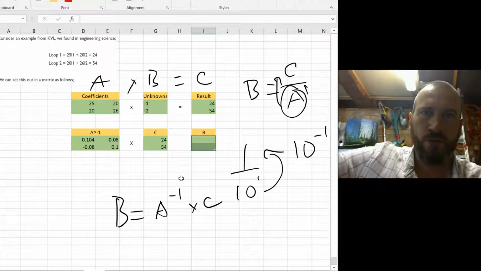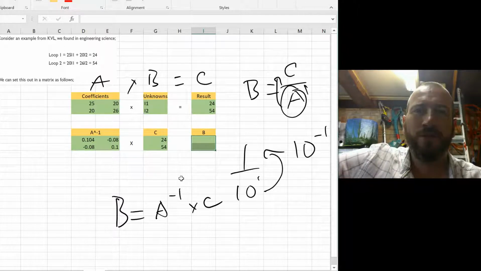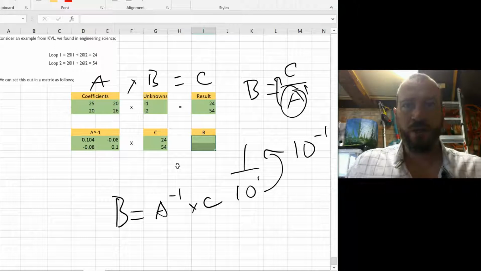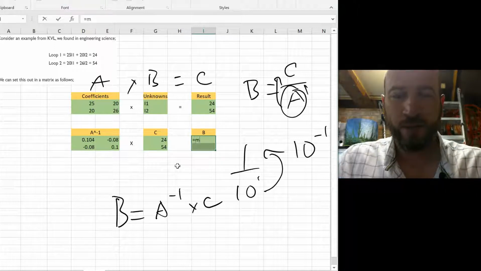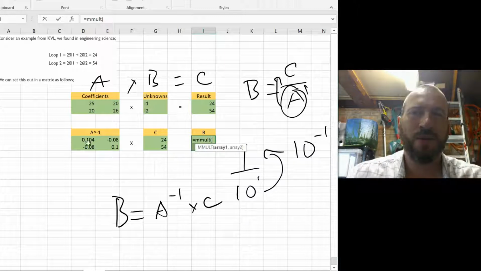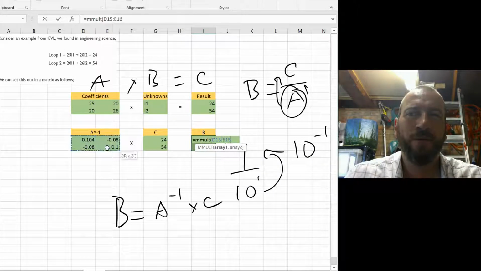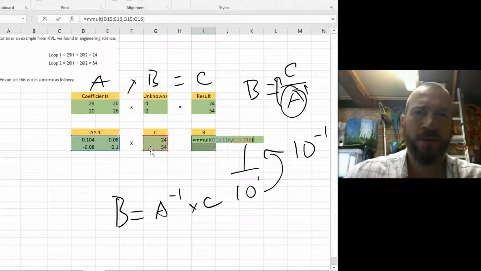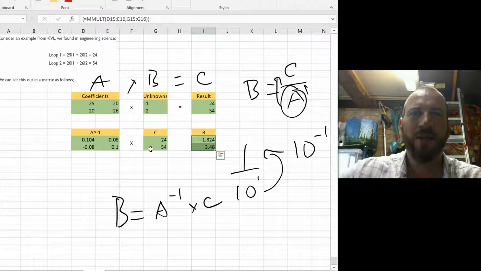which we've called unknowns in the previous equation, to find B, we need to just do this times this. Now remember the command for multiplying matrices is equals MMULT, open brackets, matrix A, comma, C, close brackets, Control Shift Enter, and there we go.